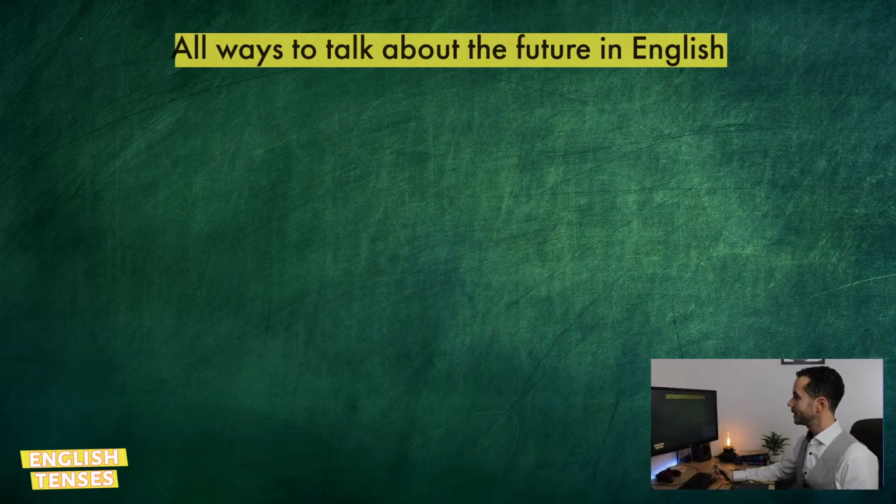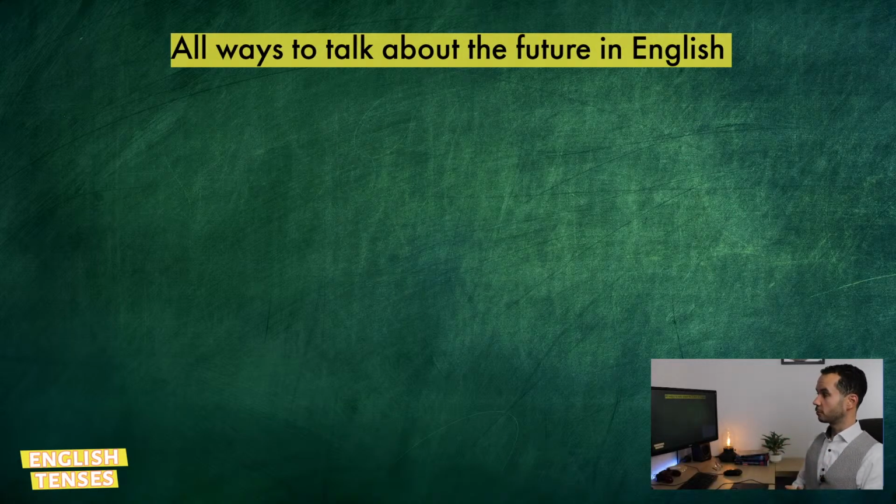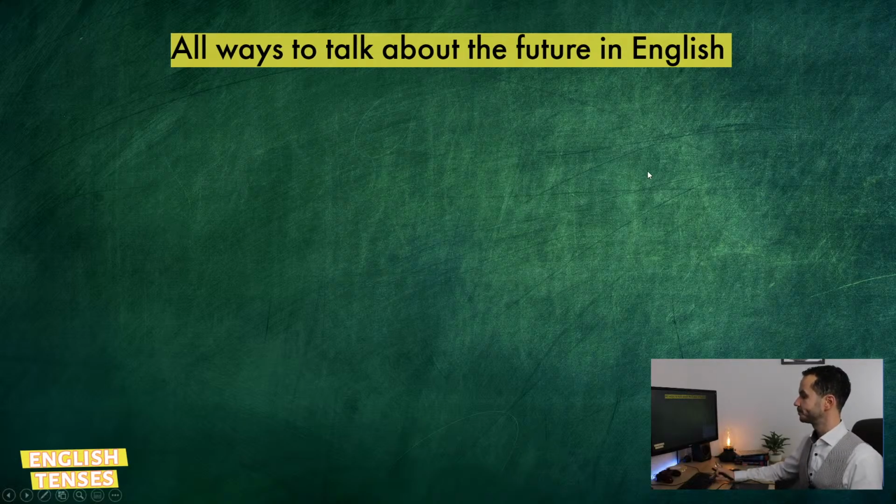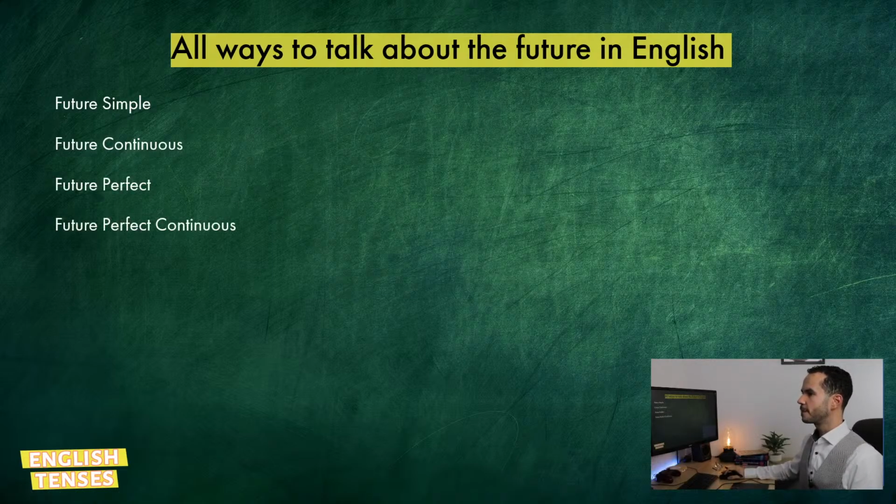Right, let's move on to the four ways, or kind of the older ways, to talk about the future in English. There are several ways we can do this, and we have the four future instances: future simple, future continuous, future perfect, and future perfect continuous.